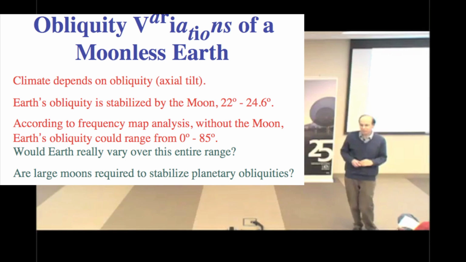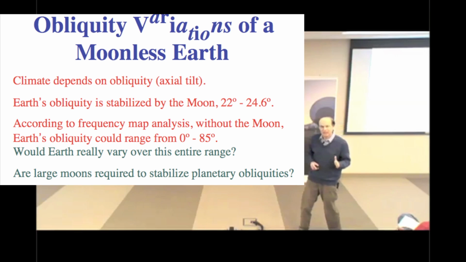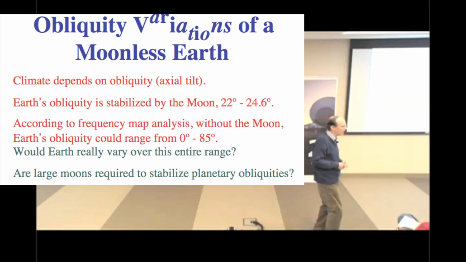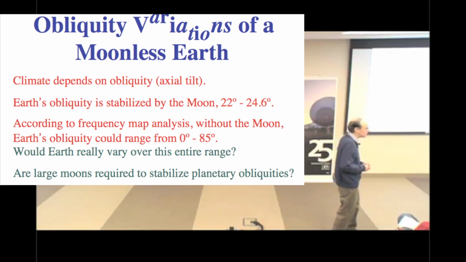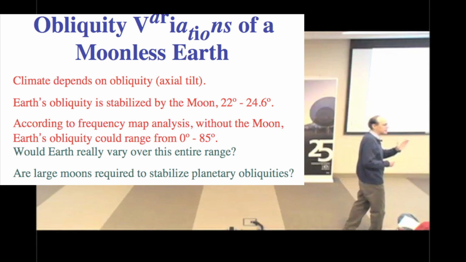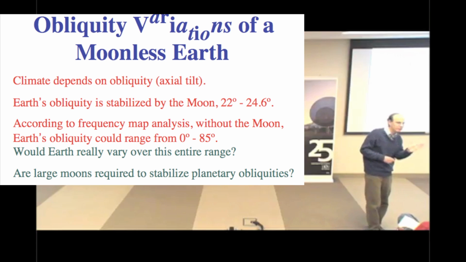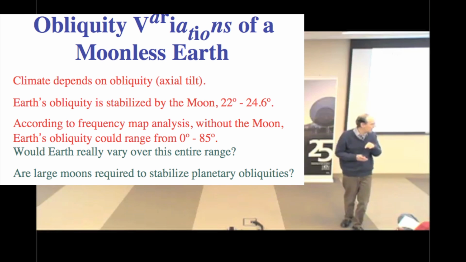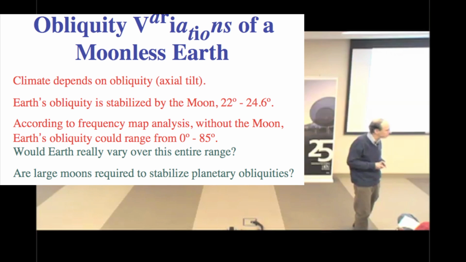In particular, changes in the eccentricity of Earth's orbit and in the parameter that I'm going to be focusing on today, which is the obliquity. The obliquity being also known as the axial tilt, basically the angle between the equatorial plane of Earth and our orbital plane around the sun.